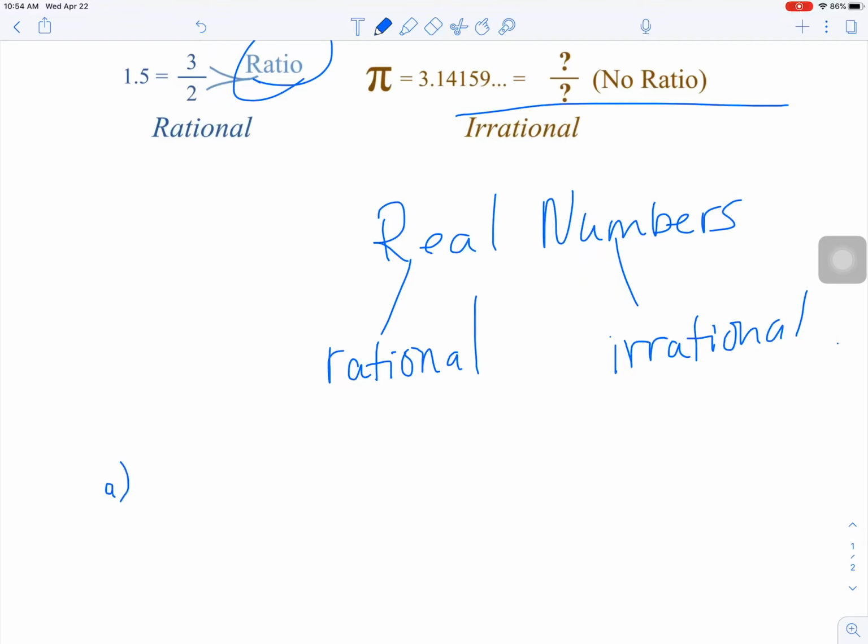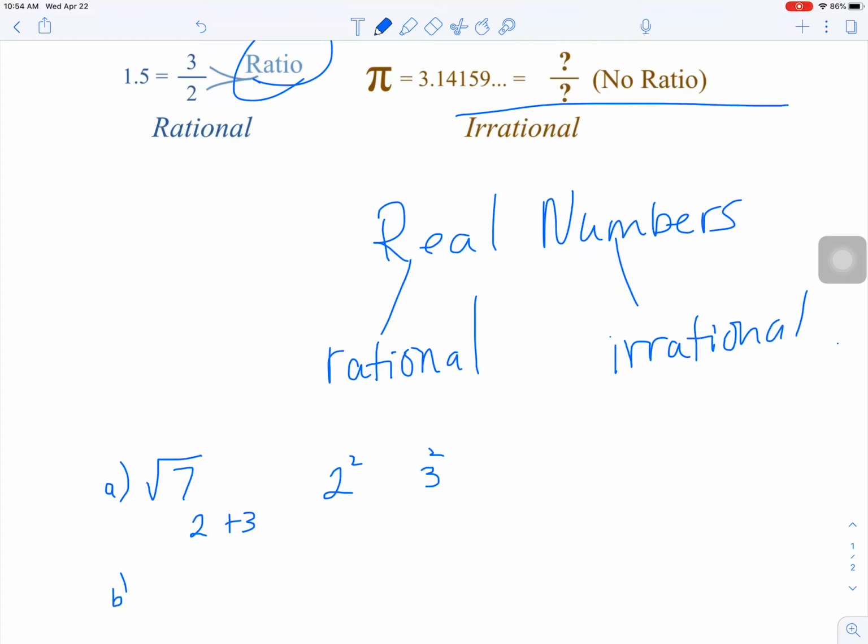So if I grab the square root of 7, we know that 2 squared is 4, and 3 squared is 9, right? So we know that it is between 2 and 3. That makes sense? So if we go to the next one, B, we have the square root of 70.